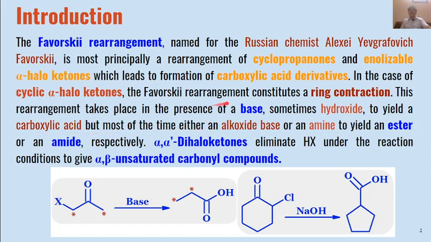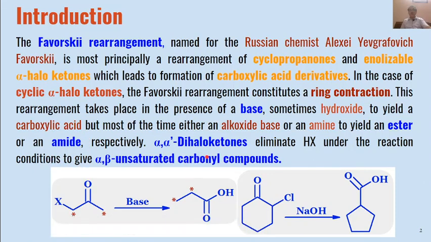But if we use alkoxide base or amine base, then we will get either esters or amides as the product. So depending upon the type of base used, we will get either carboxylic acids as the products or derivatives of carboxylic acids as the product.